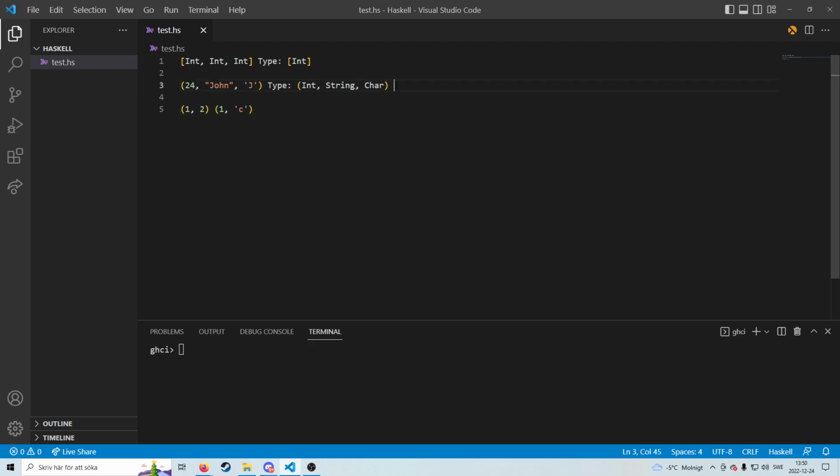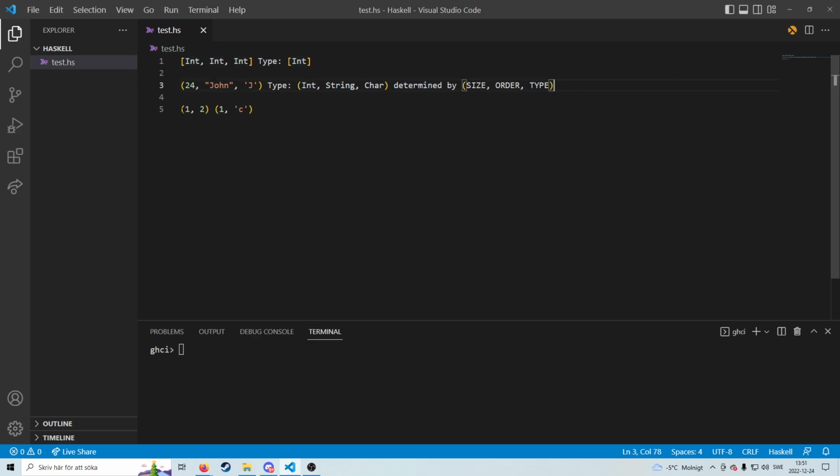The type is determined by its size, order, and also the types of these.